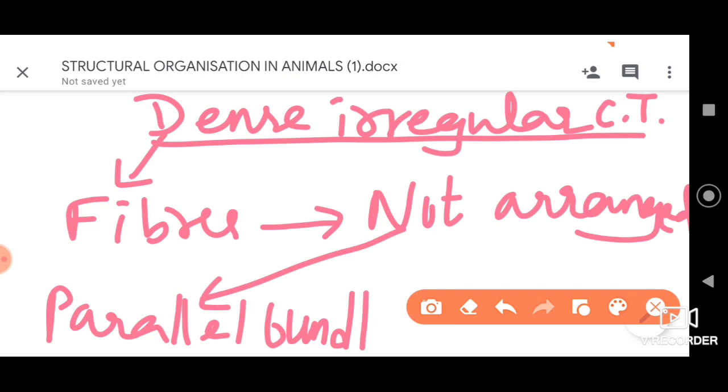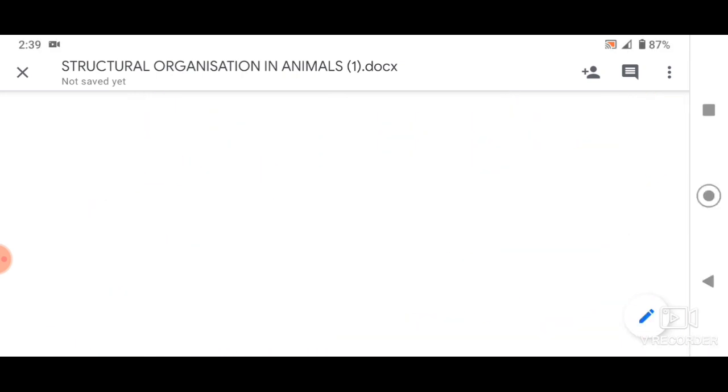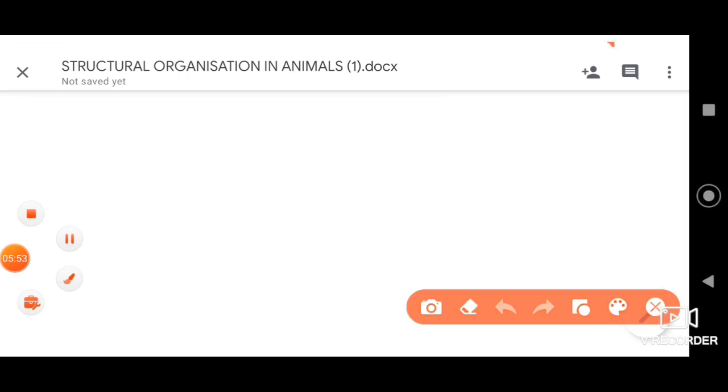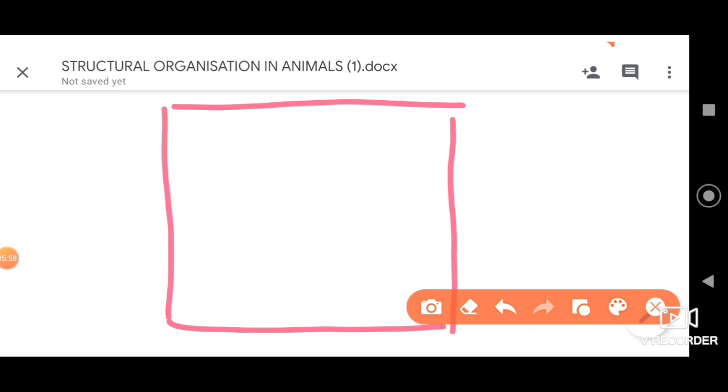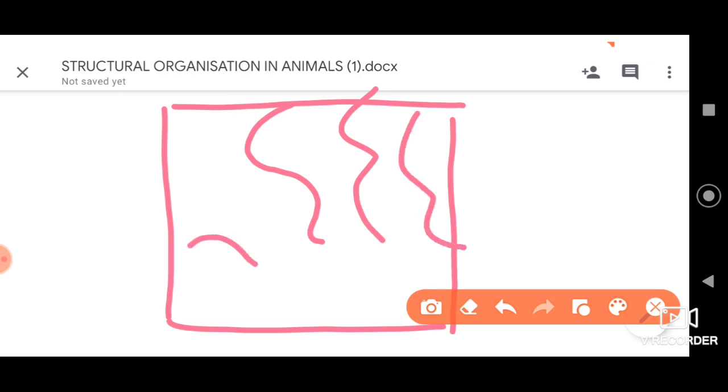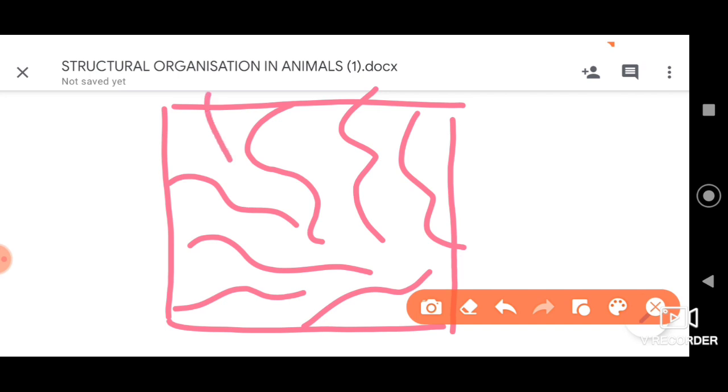So they are very irregularly arranged. Let me represent the diagram so that you understand easily. See, now this is the matrix we have. Here we can find the fibers irregularly distributed, here and there. It is not exactly in a parallel manner.